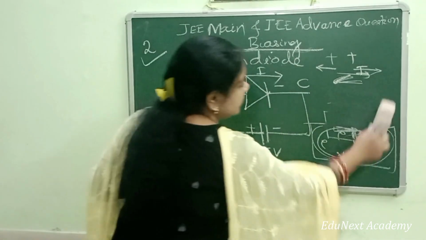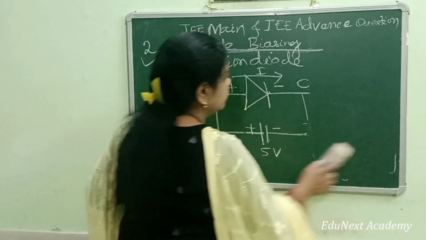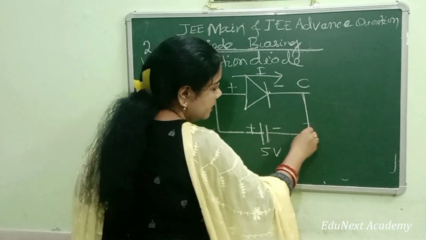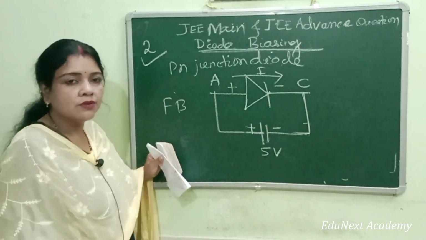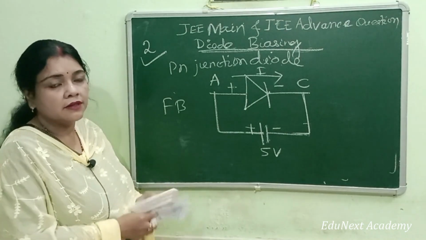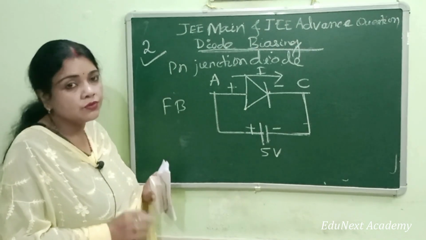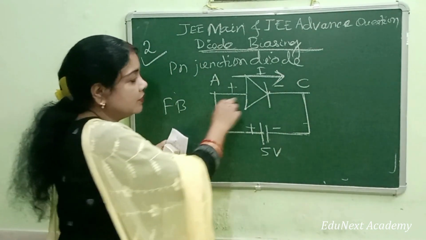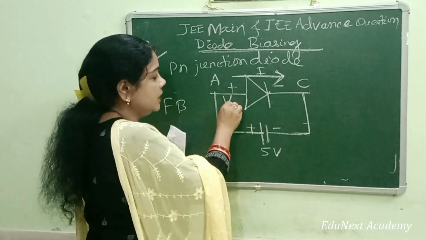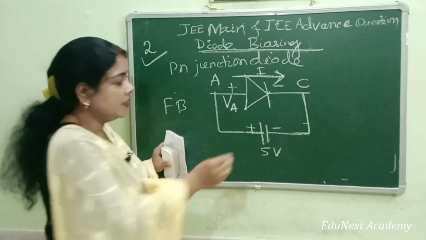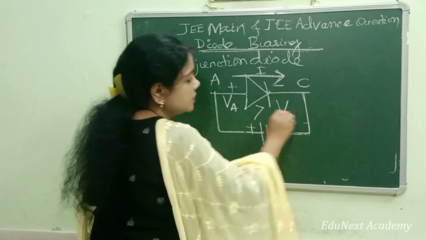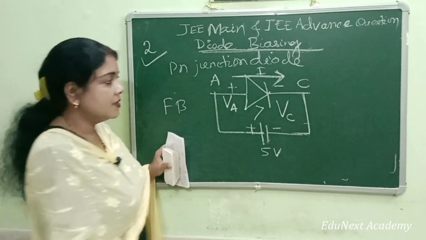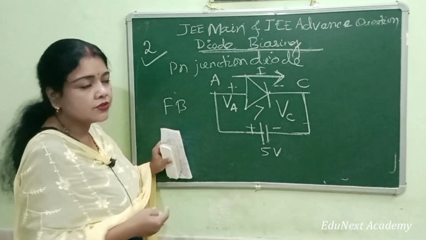Now let us discuss some conditions where current should move. The current will move across the junction of the diode when the voltage at the anode is greater than the voltage at the cathode. This is cathode, this is anode, two electrodes.